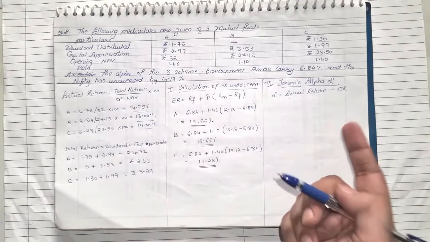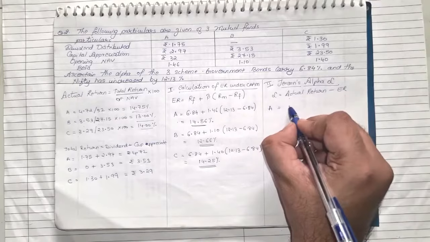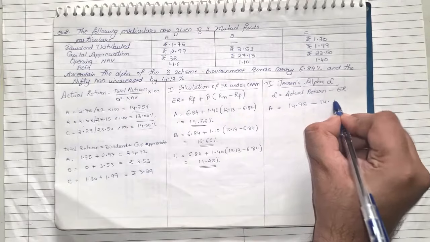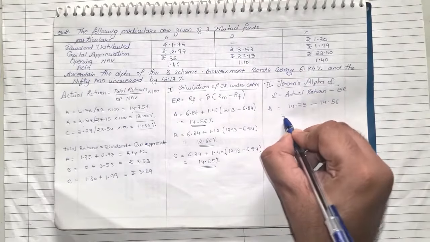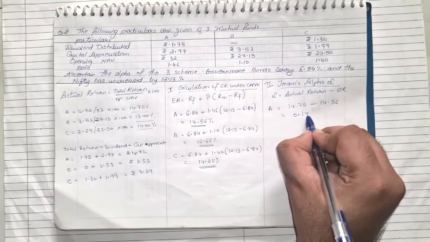So now we can use it and get our final alpha value. So A's alpha is actual return, that was 14.75, minus expected return, that is 14.56. The difference is alpha, so the value is 0.19%.